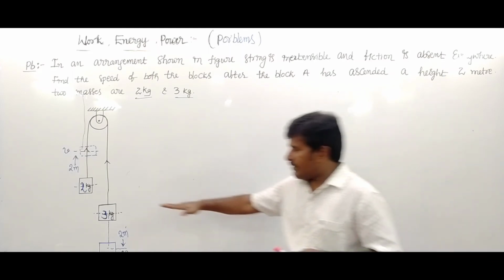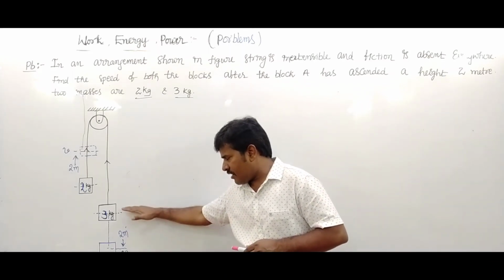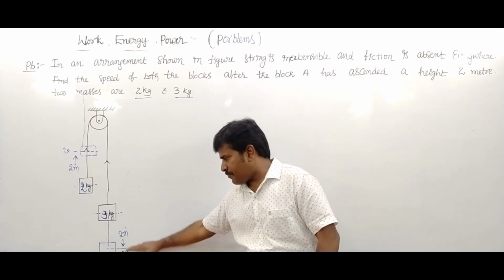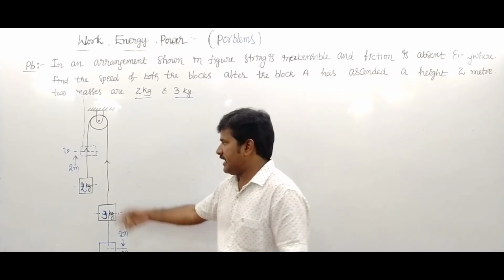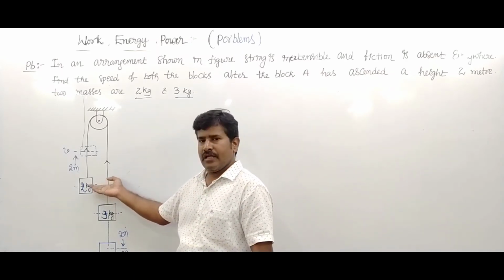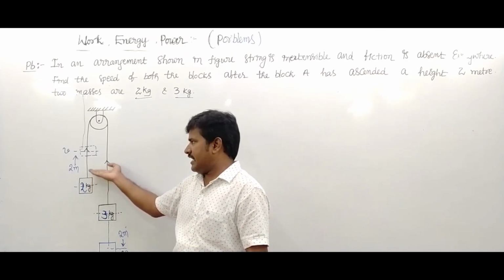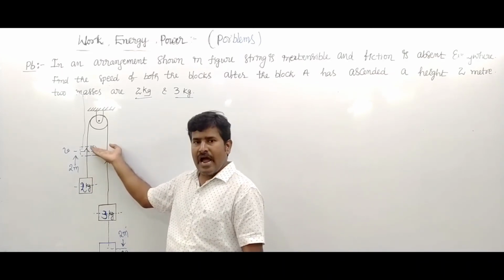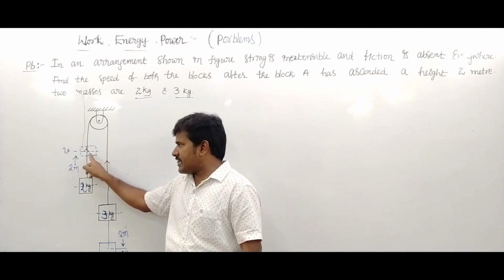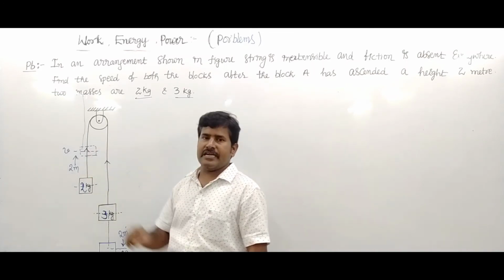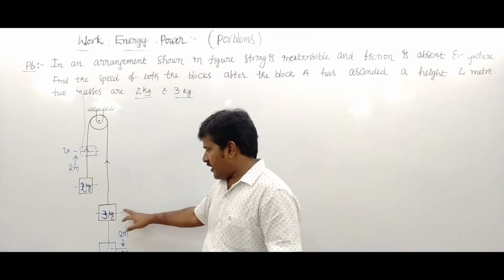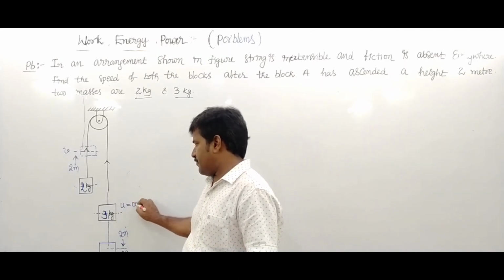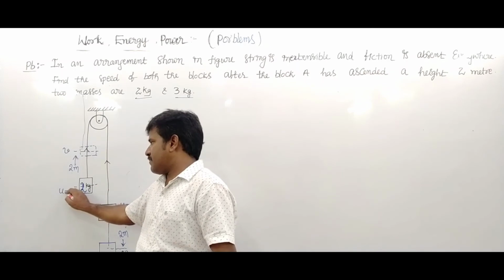Suppose this block comes downward, meaning a loss of potential energy. This loss of potential energy is gained by the other body. So the 2 kg gains extra potential energy and also gets some velocity, that means kinetic energy. This body also comes down. Initially the speed of this body is 0, and this one also has initial speed 0.